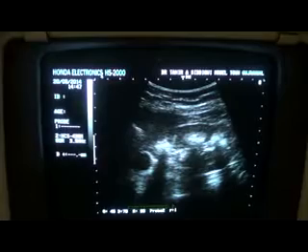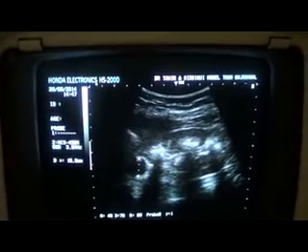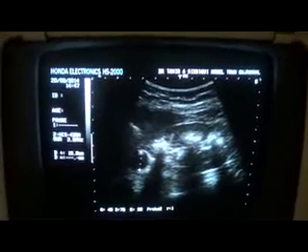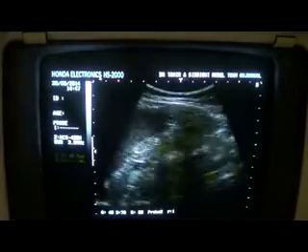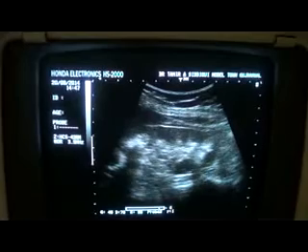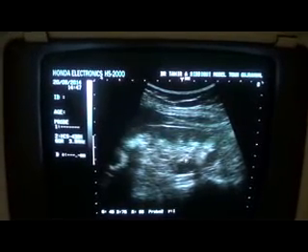Here one cyst is seen in the region of the anterior parenchyma, the upper pole.